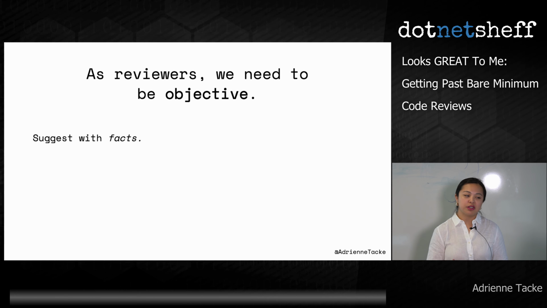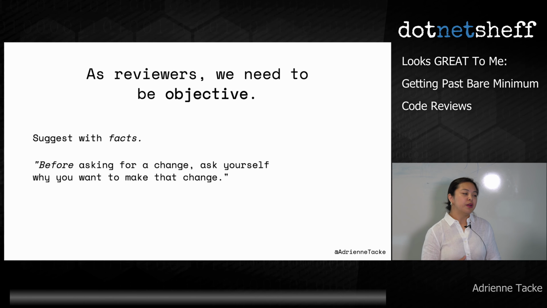And being objective also means we suggest with facts. We don't just suggest things out of the blue. We try to back them up. Or if we are about to ask the author to make a change, let's say there's some rework or something that we want modified, we should pause and ask ourselves, why do we want to make that change?